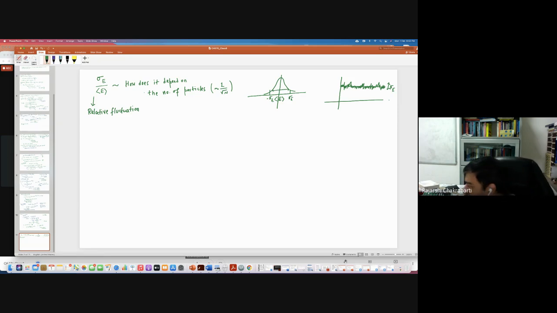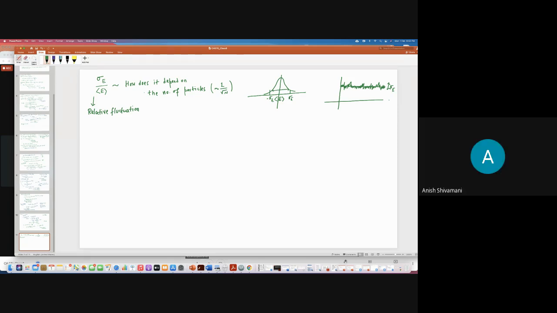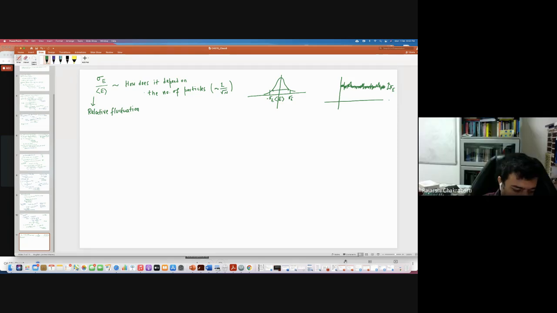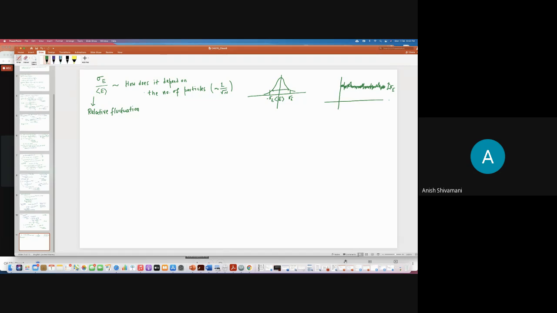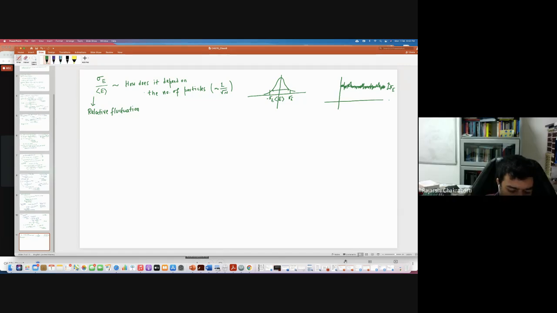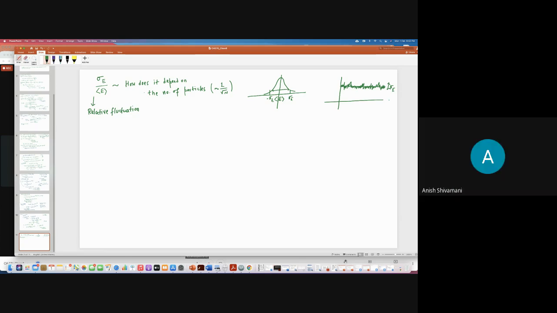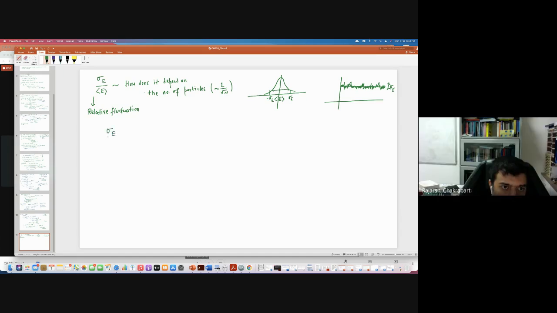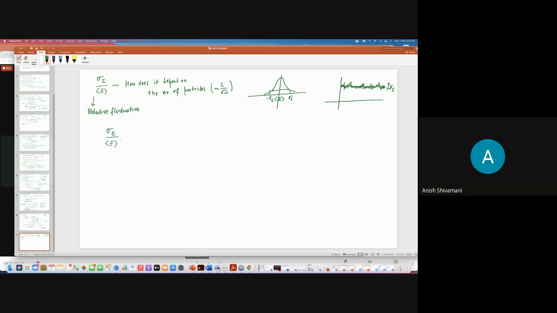Now can Anish tell me how it is 1 over root n? I just did a very rough estimate. You did perfectly well. If sigma E square goes as CV, then sigma E goes as root CV, because you can take T to be intensive. So if it goes as root CV, then it must also go as root n, and E goes as n, so root n by n.